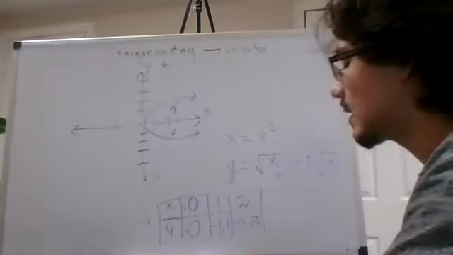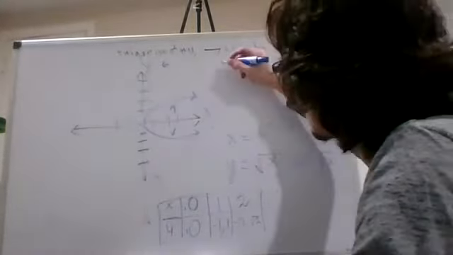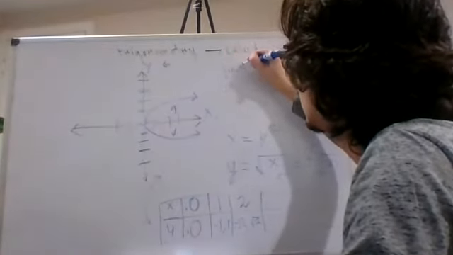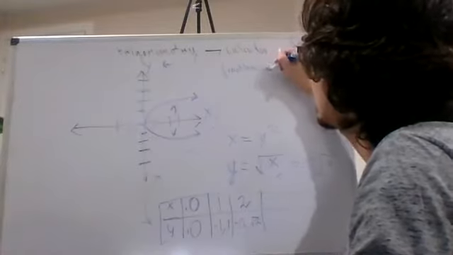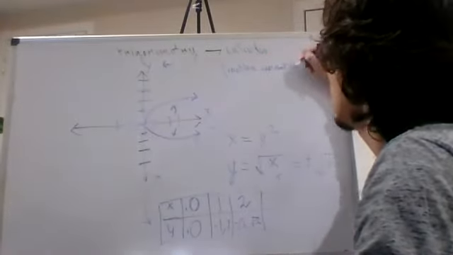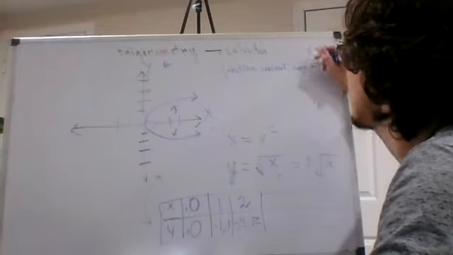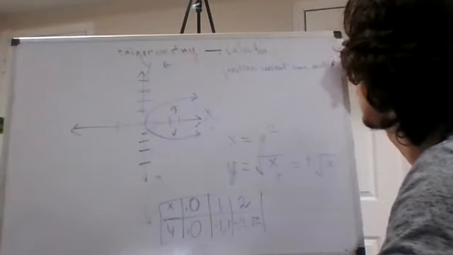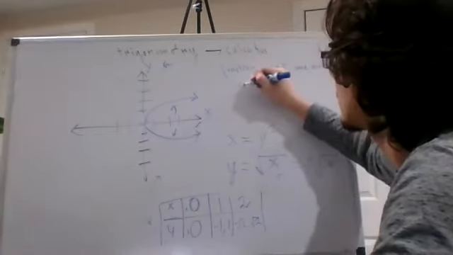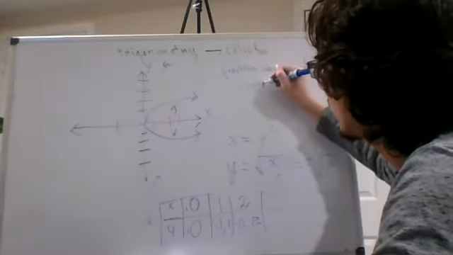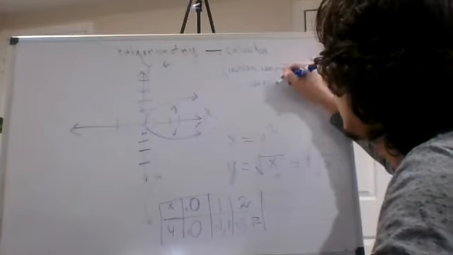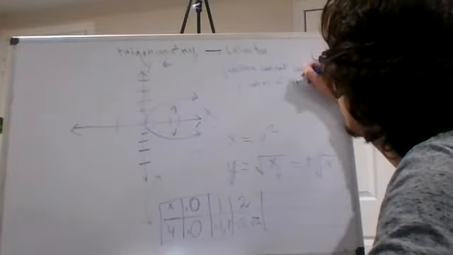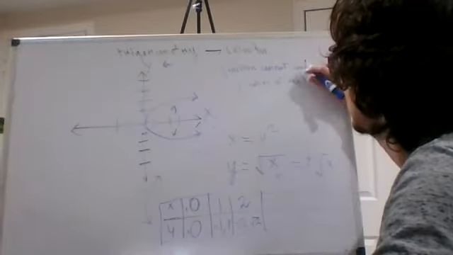The rule of functions is that a function cannot have multiple y values at any one x.